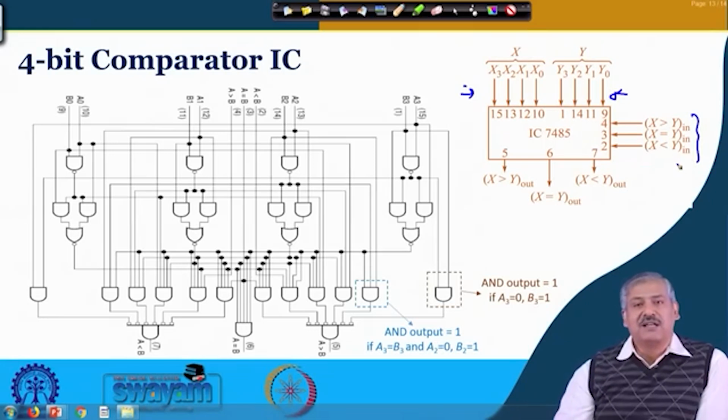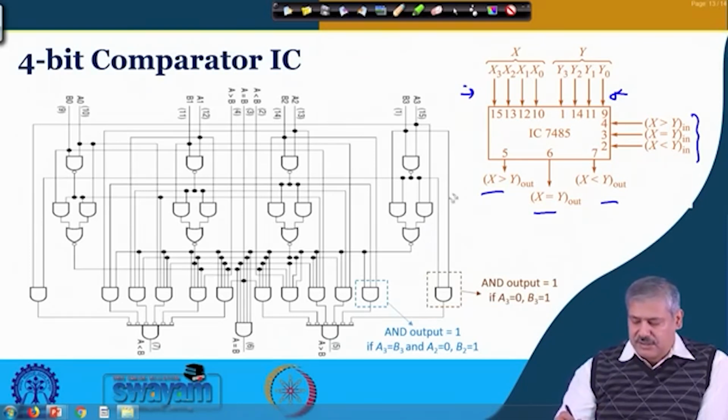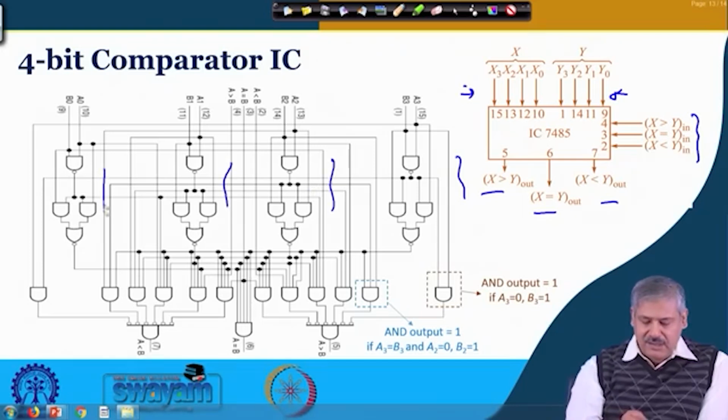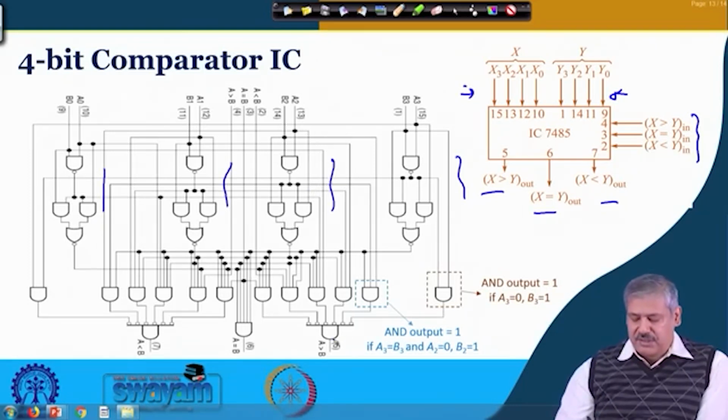These are the inputs that I said can come from lower significant bits, where the lower significant bits are getting compared in another IC or another circuit, and these are the outputs of this stage, okay, which also considers the input, right? And if you look at the circuit, all these blocks are 1-bit comparators, you can see over here, right? And we have used these bubbles as NOT, so we can just compare and see.